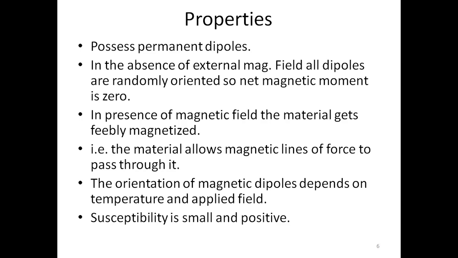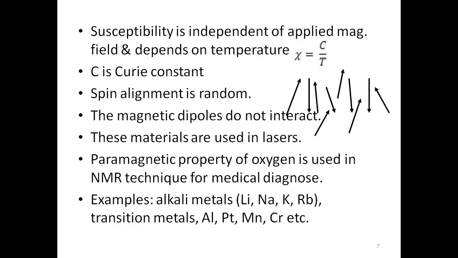The orientation of the magnetic dipoles depends upon the temperature and the applied field. This is also important. In diamagnetic material, the susceptibility value is small and negative, and here the susceptibility value for the paramagnetic material is small and positive. You can see this schematic view of the magnetic dipoles.